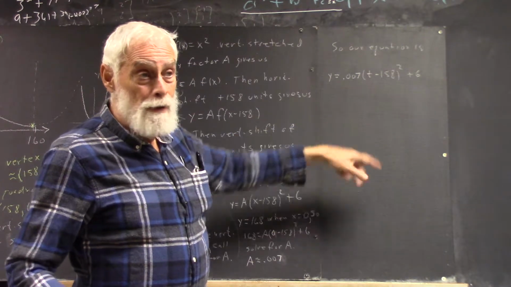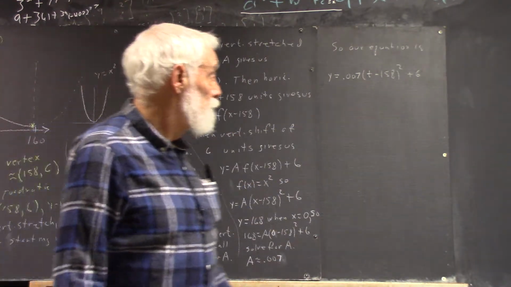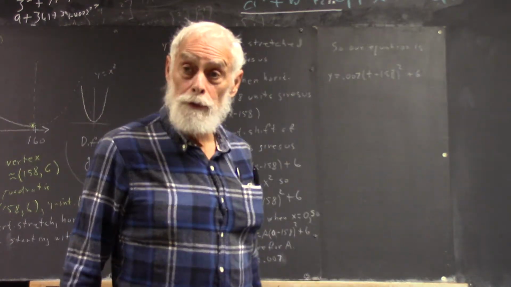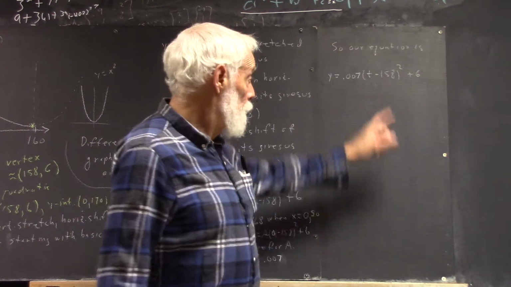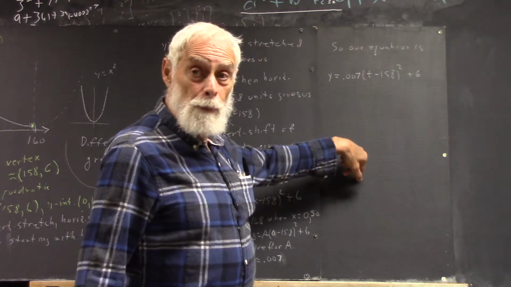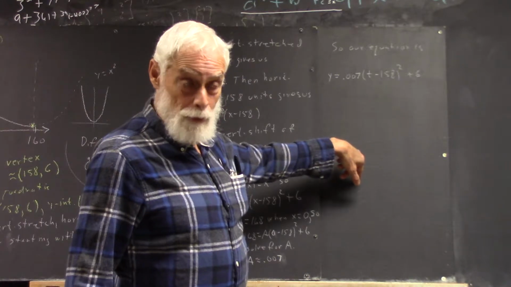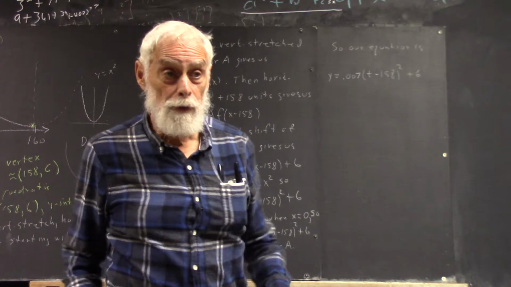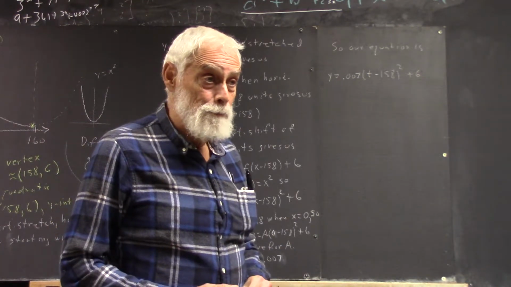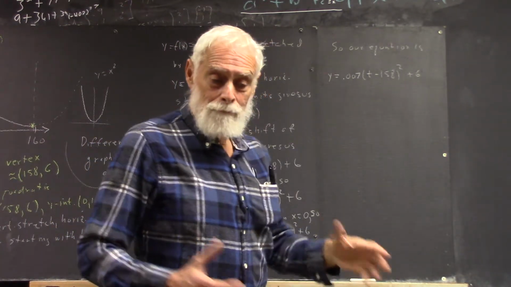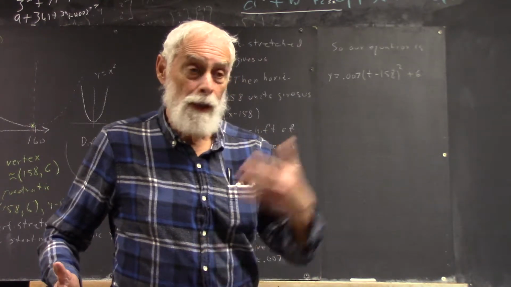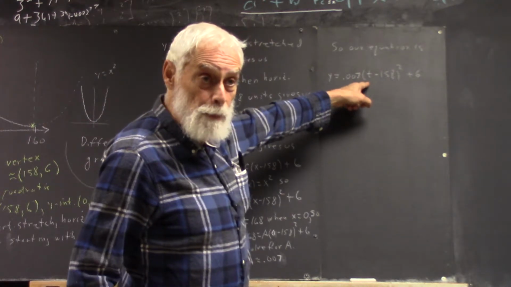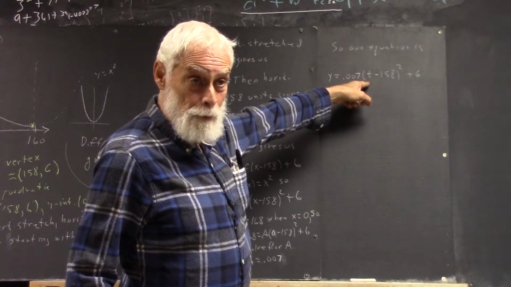To compare them, you're just going to take the t values that you observed, plug them into this equation, plug them into your model from the data, and see what you get and see how close it is to what we actually observed. Okay? If you think that at t equals 20, the depth is 93, well, how close does this come to 93 when you plug in your t? Okay?